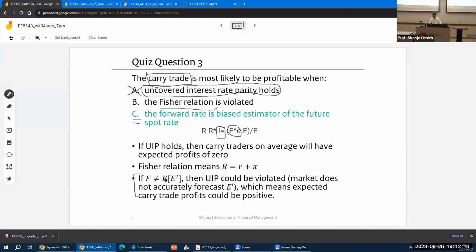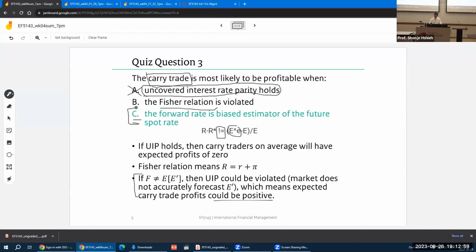If F is not equal to the expected value of E prime, the future value of the spot rate, then UIP could be violated as the market does not accurately forecast E prime, which means expected carry trade profits could be positive, assuming you borrow in the right direction. The question here is asking, is there a chance to be profitable? Well, assuming you are betting in the right direction, yes. Based on those options, C is definitely the correct answer based on our understanding of UIP, so you should be choosing C.